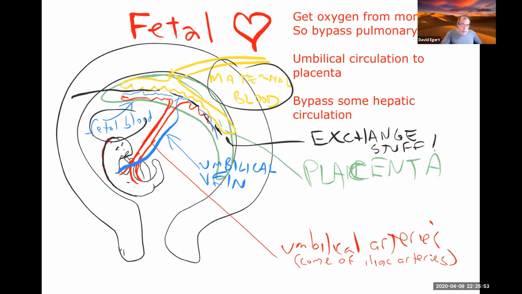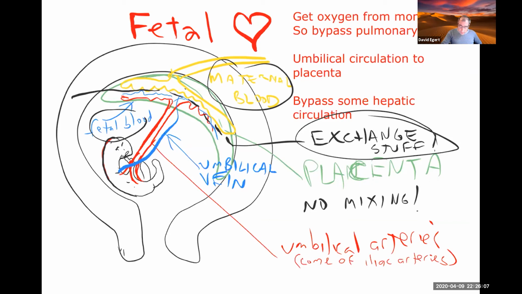The fetal blood can absorb oxygen and nutrients from the mom. Again, there's no mixing. It's just exchanging materials between the two circulations.